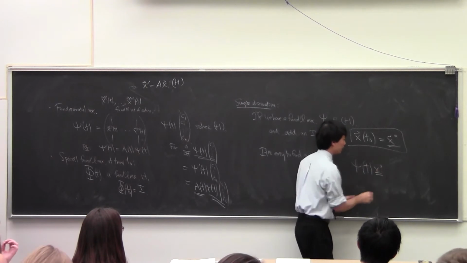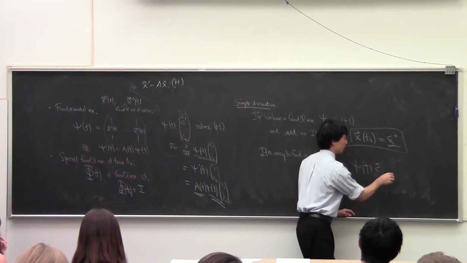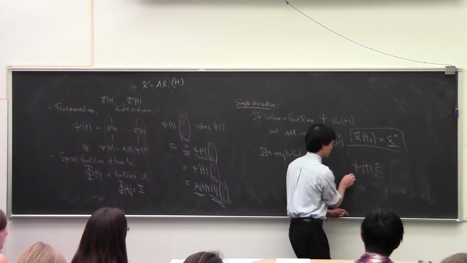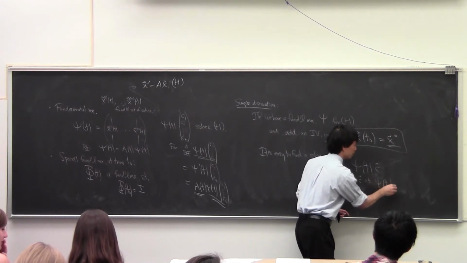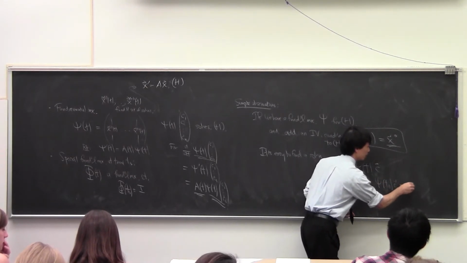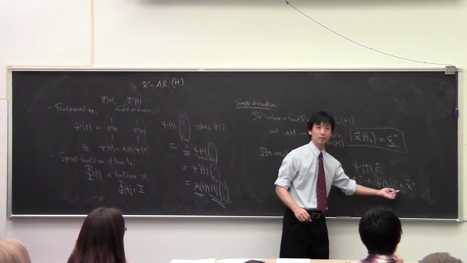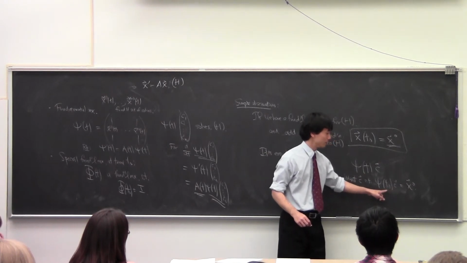We can put in anything here, C, and we want C so that psi t naught times C is equal to x naught. Well, what should C be?